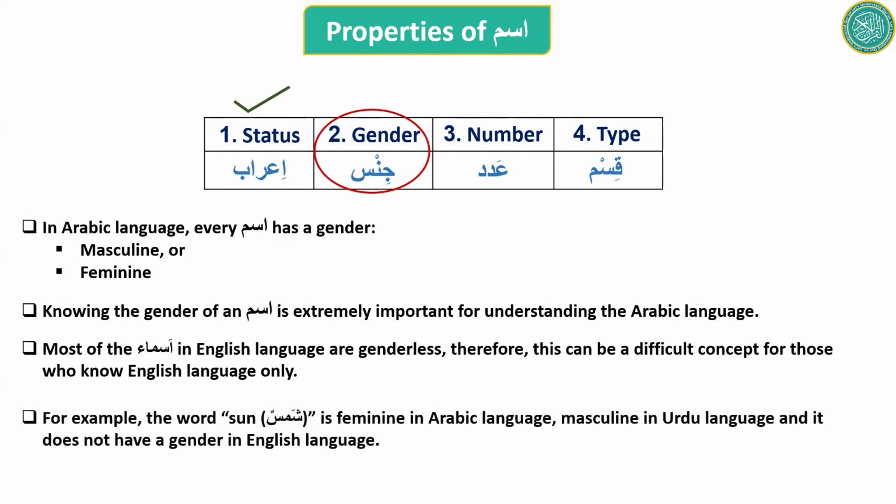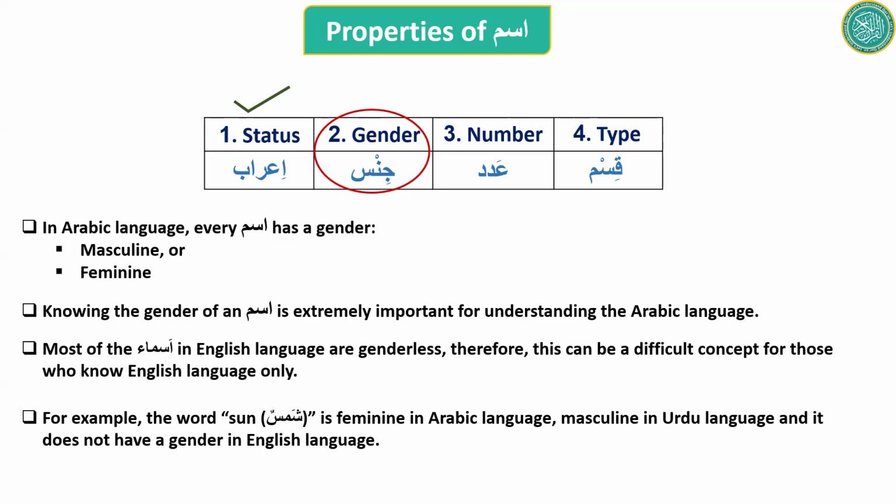For example, the word shams. Shams means sun. The word shams in Arabic is feminine. But if you translate shams into Urdu, it means Suraj, and Suraj is masculine.